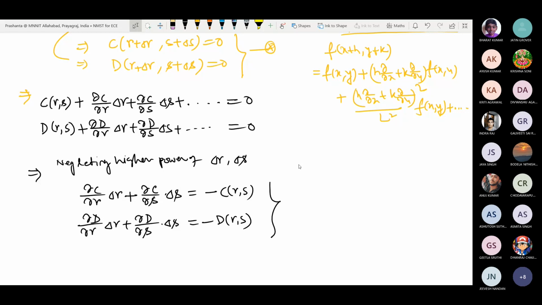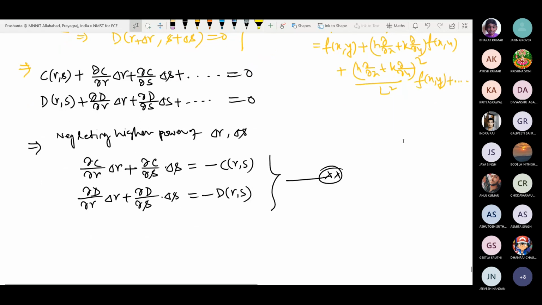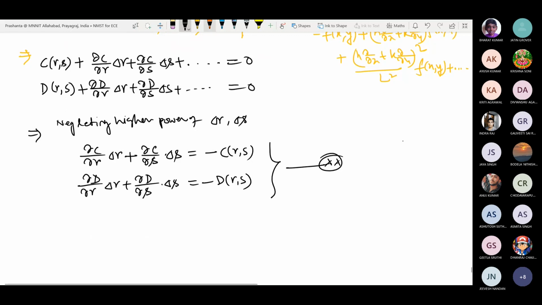These are the equations you are getting, and you have to evaluate them at the initial approximation of r and s, so that the unknowns will be only delta r and delta s. Everything else will be known to you. So it will be a system of two equations in two unknowns, and you will be able to solve it.